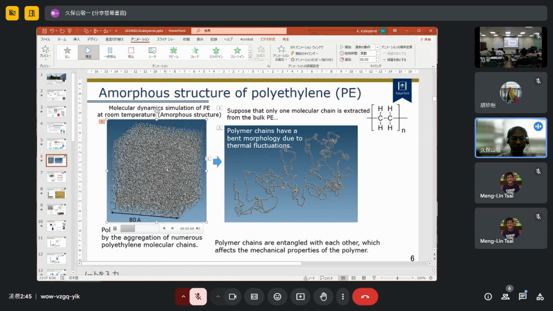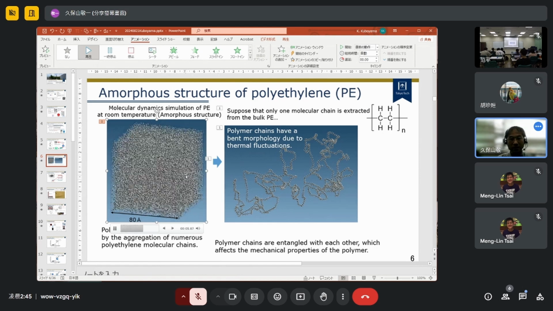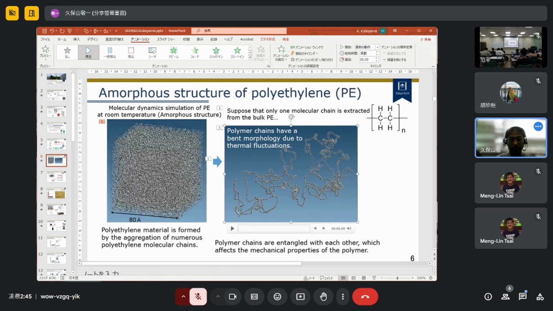So I extracted only a single molecular chain from this bulk state. That is this one. At room temperature, the temperature fluctuation is not so high, but the molecular chain also moves around even at room temperature in the case of polyethylene.